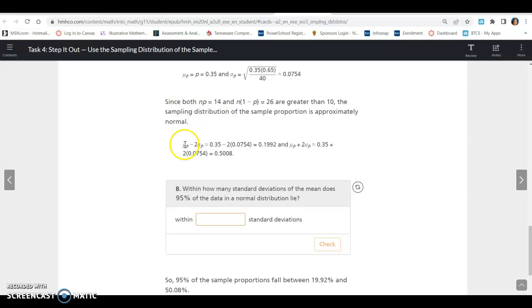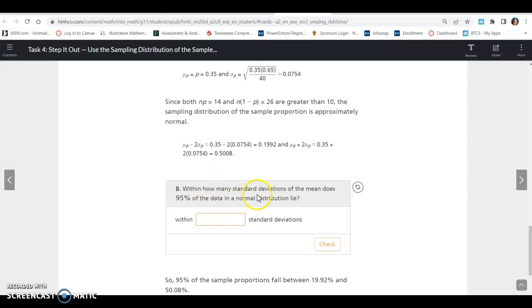All right, so then it shows you here that if we do the mean minus 2 standard deviations, the mean is 0.35 minus twice the standard deviation, then we're going to get the lower end of our curve. And then if we have the mean plus 2 standard deviations, that's going to be about 0.35 plus 2 times the standard deviation here, and that's going to give us about 0.5008.